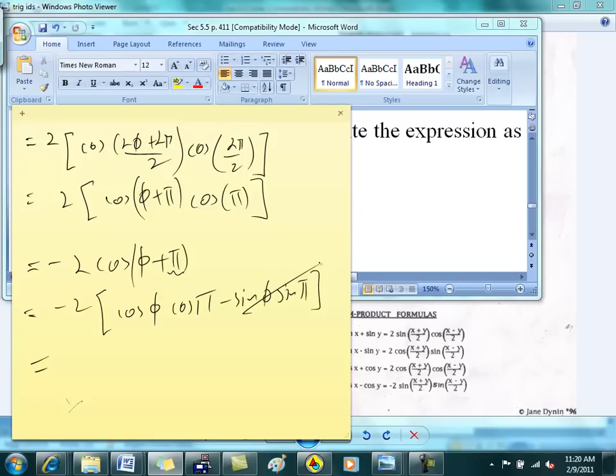You just told me. -1, so this becomes 2 cosine phi. Okay? So had this been a verification problem, you could do it this way, moving from the left all the way to the right. But this is only testing you on how to go from a sum to a product. Okay, you guys all right so far?